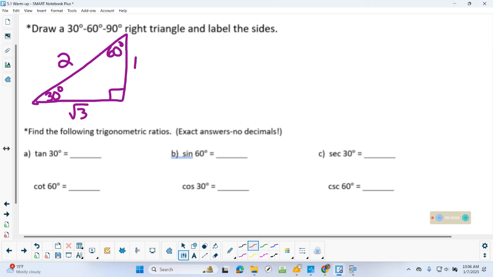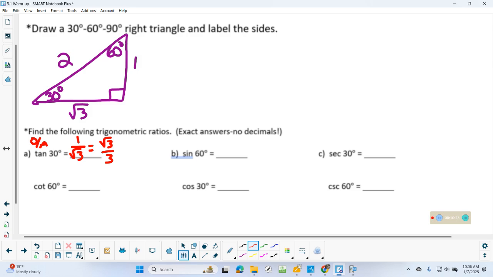So of course, tangent, I know you know TOA, opposite adjacent, but you're going from the 30. So opposite the 30 is 1, what's adjacent to the 30? Square root of 3. You guys can rationalize that in your head. We got it. Okay, cotan of 60.